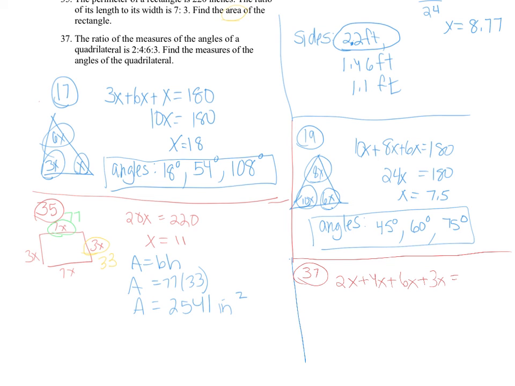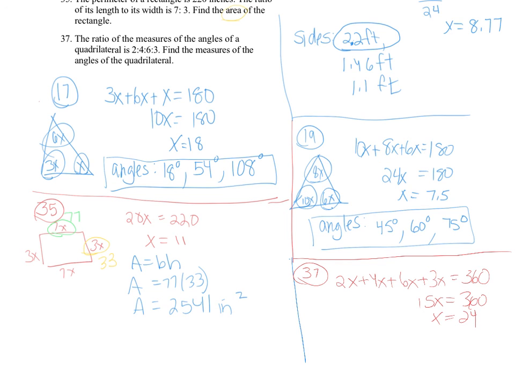The sum of the interior angles of a quadrilateral: a quadrilateral is actually two triangles, and if a triangle is 180 and we have two of them, the sum here is 360. If we combine like terms, that gives us 15x is equal to 360, and x will equal 24.